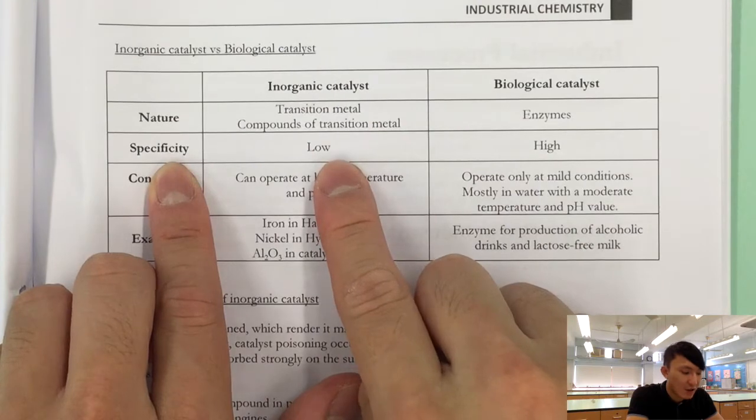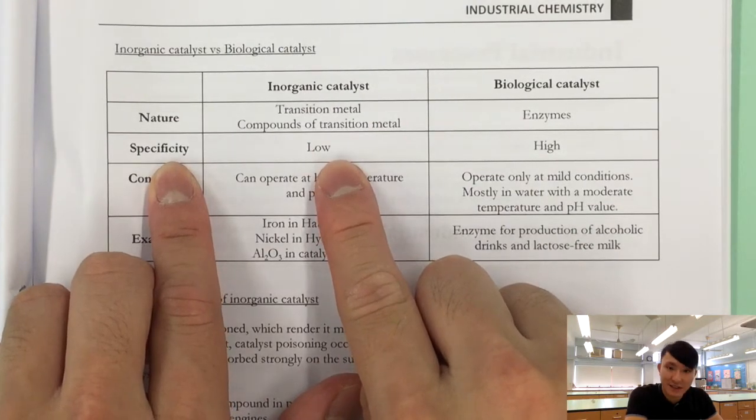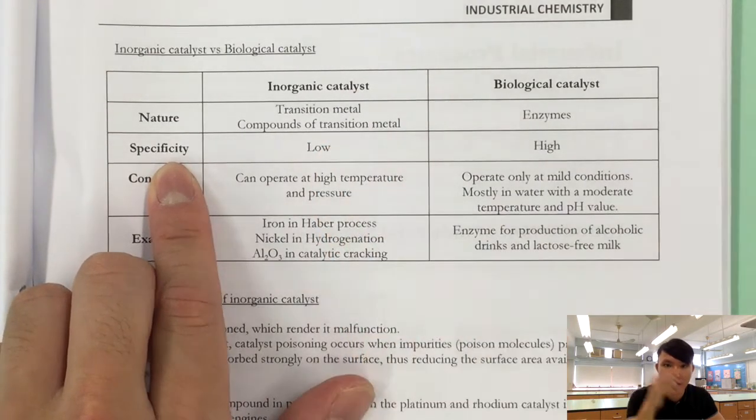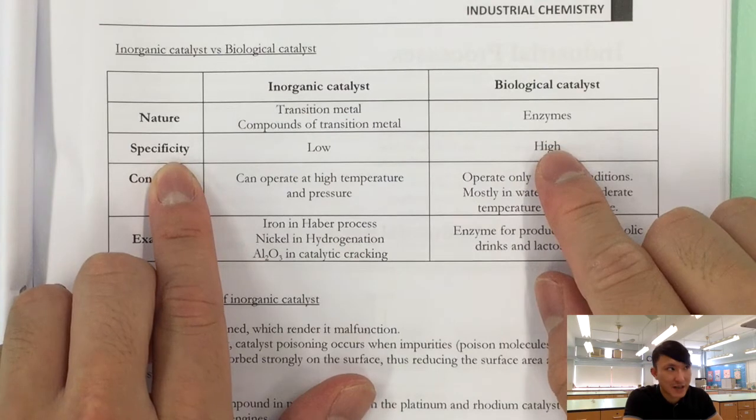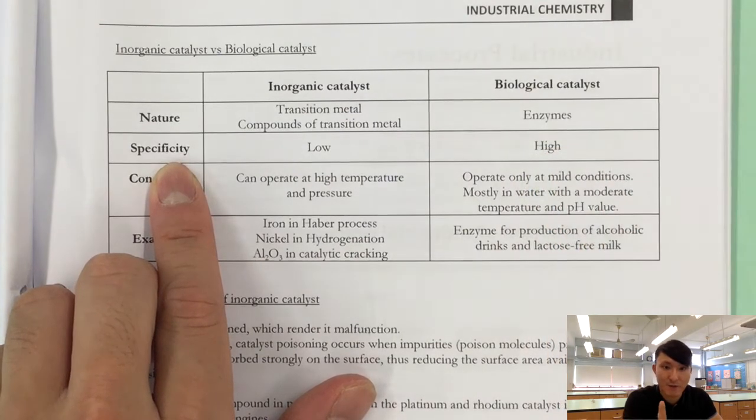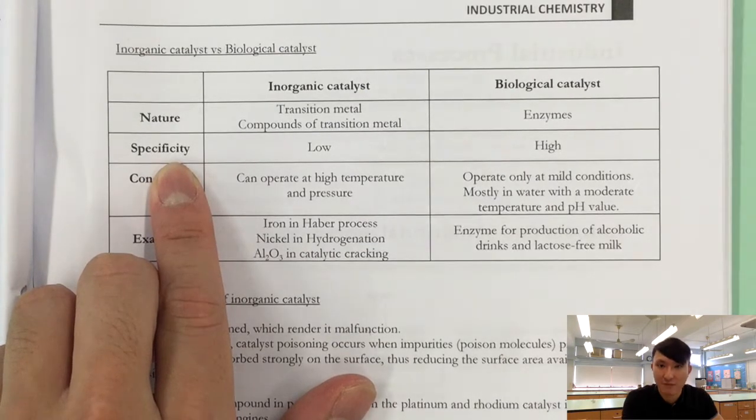Whereas a low specificity means that the catalyst is able to catalyze more than one reaction. Okay? Now, the advantage of being highly specific is that the catalyst will speed up only one reaction, and therefore it will be less likely leading to side reactions, leading to side products.